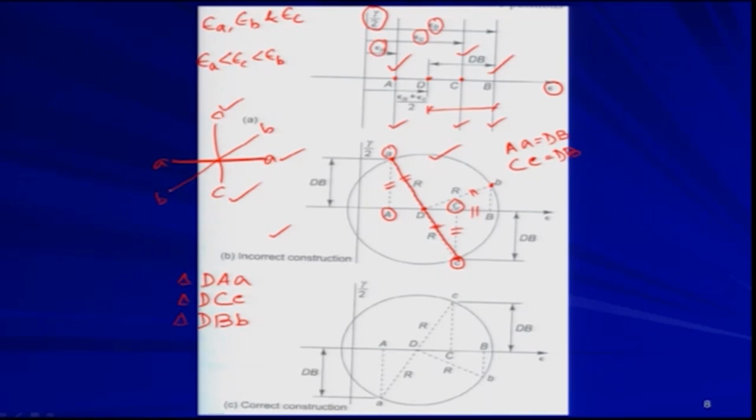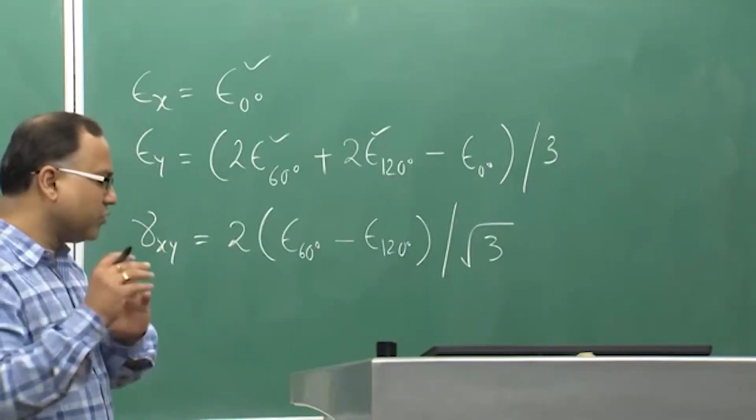Point B will be denoting this axis and point C will be denoting this axis. These points A, B and C on the Mohr circle are telling about epsilon A, epsilon B and epsilon C along with the shear strain. That we are not measuring, because our strain gauge is capable of measuring only the normal strain. Anyway, that is a different issue.